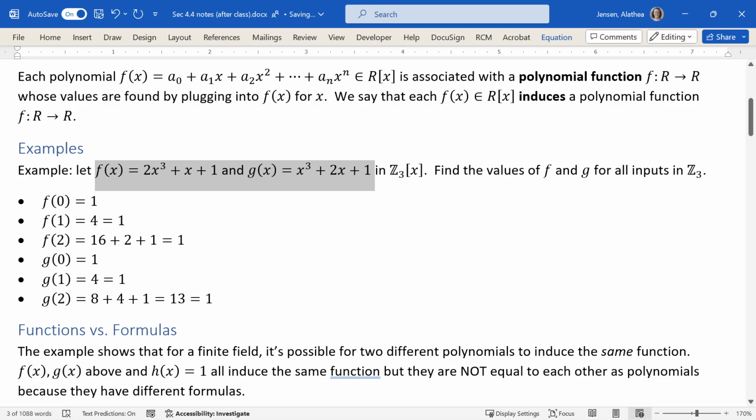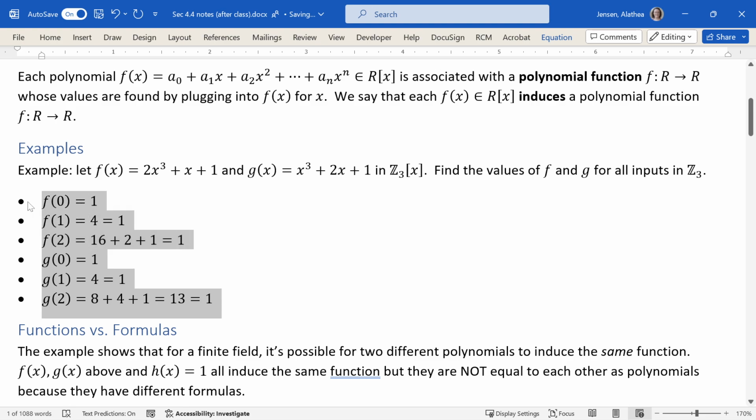You see how easily I just tried to refer to these as functions, as if this part right here was the function, but it's not. This is the polynomial, or the formula, which is slightly different from the meaning of what the function is. The function is all about what you put in and what you get out. The polynomial is about what coefficients you put in front of what terms of x.